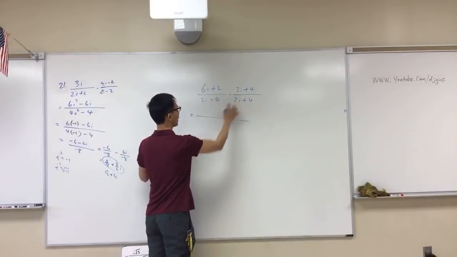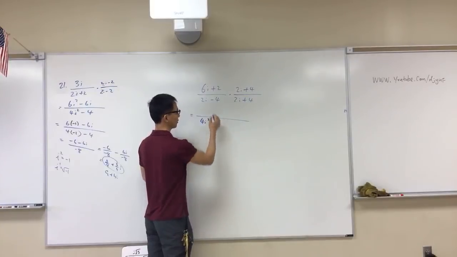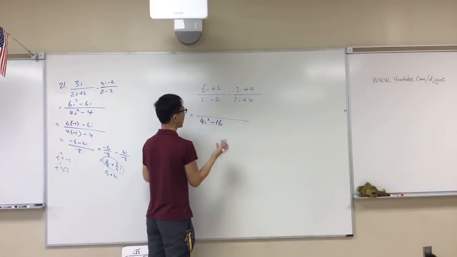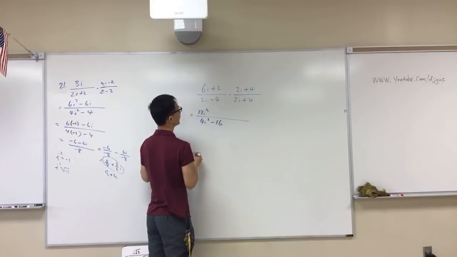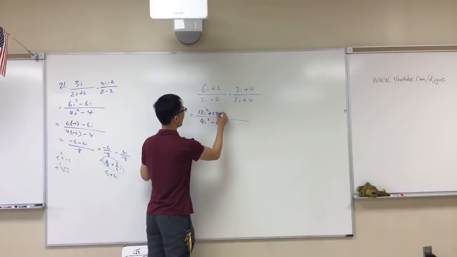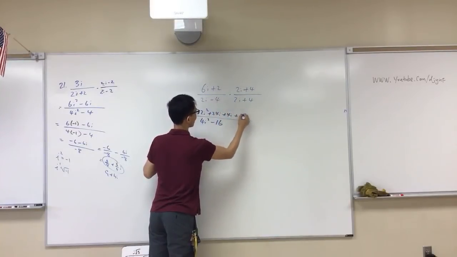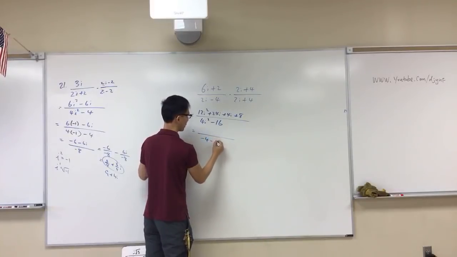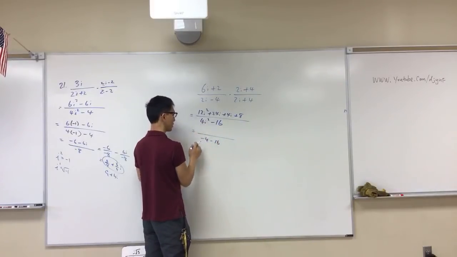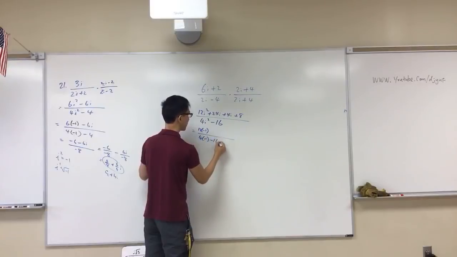So this one, multiply each other, it's going to be what? 4i squared, right? It's a difference of squares, minus 16. We keep coming back to difference of squares. This one's going to be 12i squared plus 24i plus 4i and then plus 8. So on the bottom, it's going to be negative 4 minus 16 because i squared is negative 1. So 12 times negative 1. I'm going to write it out so you don't get confused.